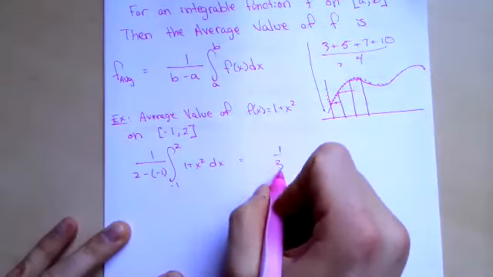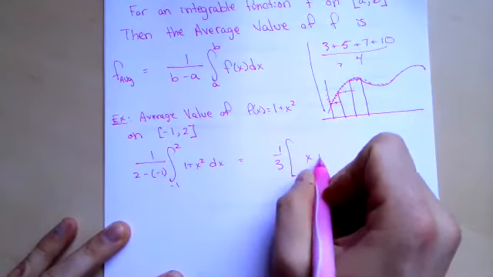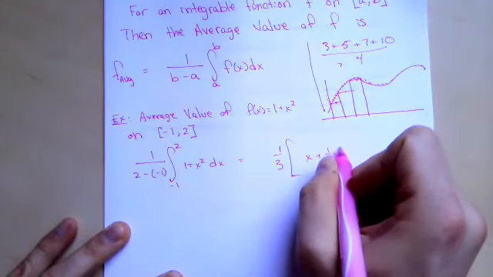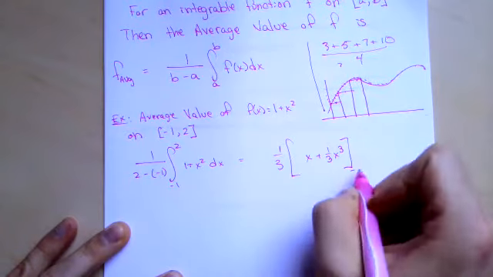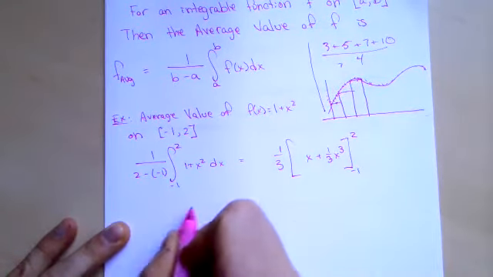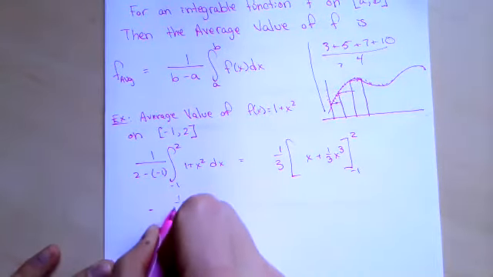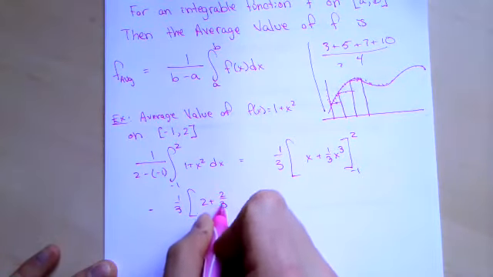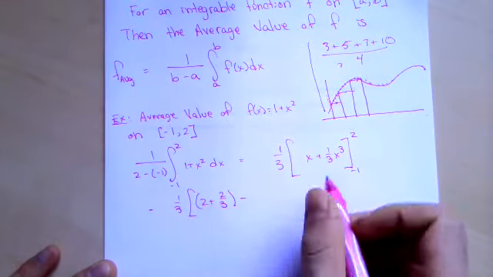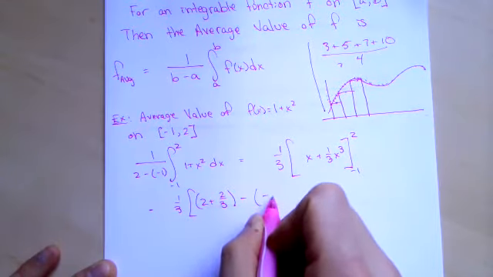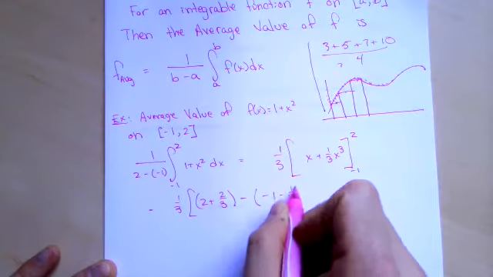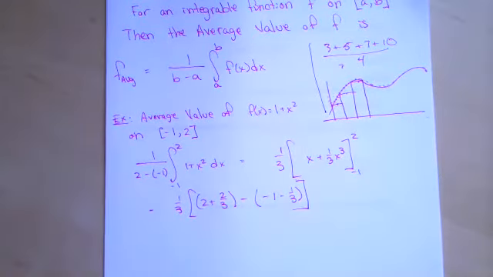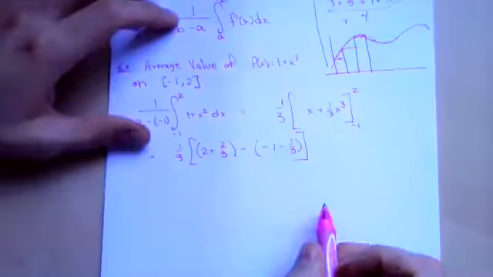And so we get 1/3 times the evaluation of the integral. And what do we get? 1/3 times 2 plus 8/3, minus -1 minus 1/3. And then you just have to do the arithmetic.